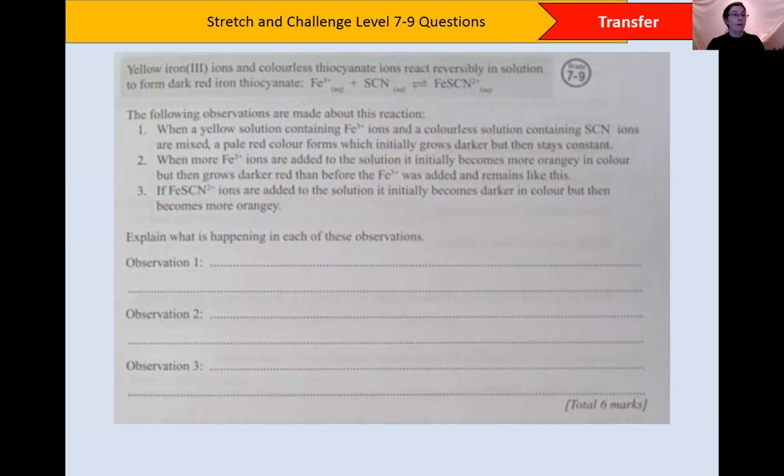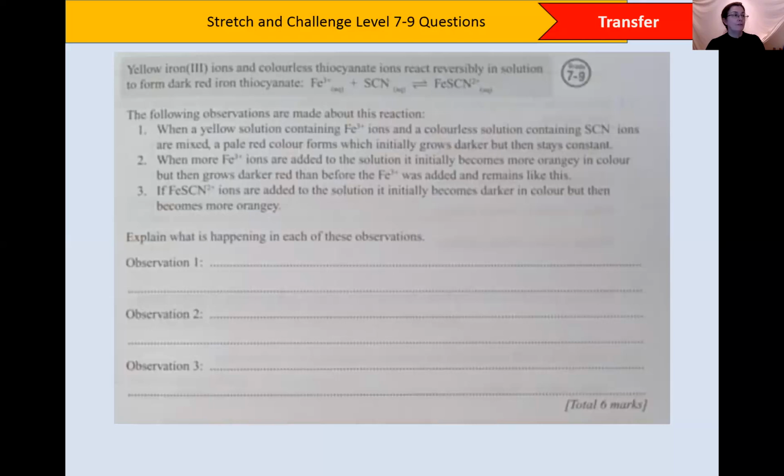Thio means sulfur, and cyanate is CN. The thiocyanate ions are singly negatively charged. So we make this iron thiocyanate complex, which is FeSCN2+, and that is very dark red.